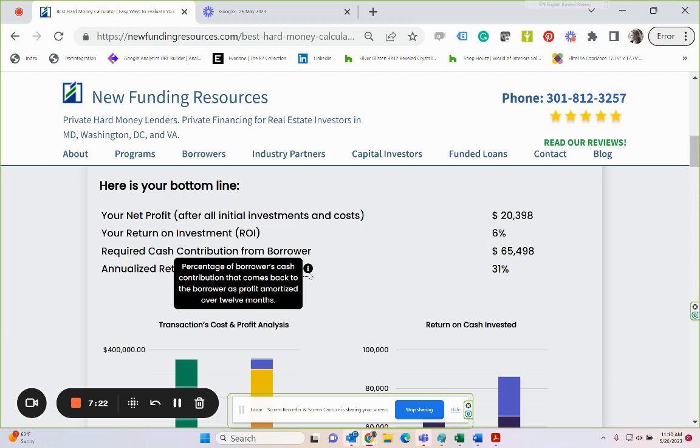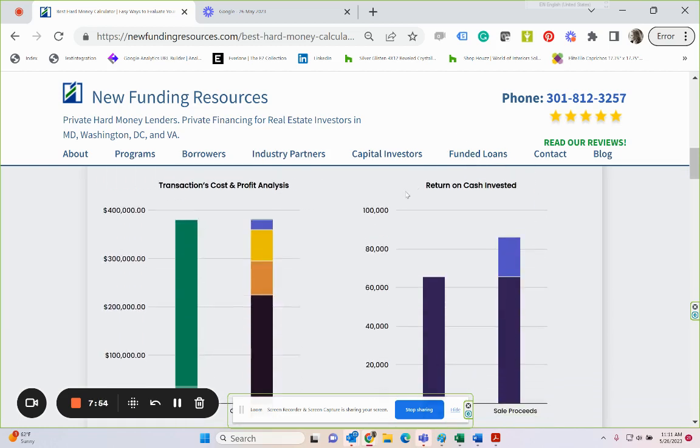It is percentage of borrower's cash contribution that comes back to the borrower as a profit amortized over 12 months. So what does it mean specifically? If you invested 65,000, you'll get back the 65,000 plus you will get back this profit, and that is what this number refers to.